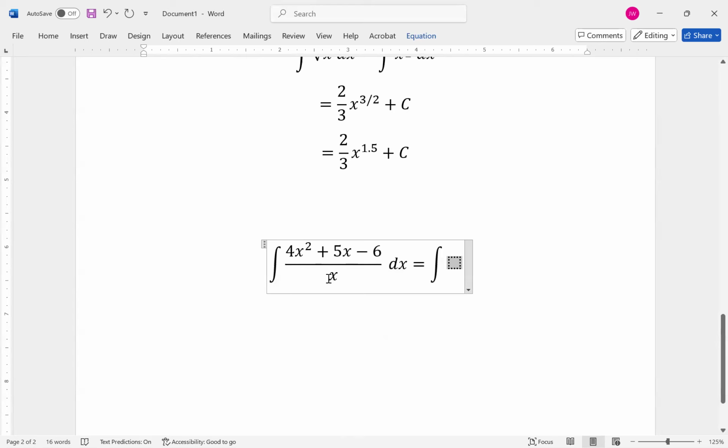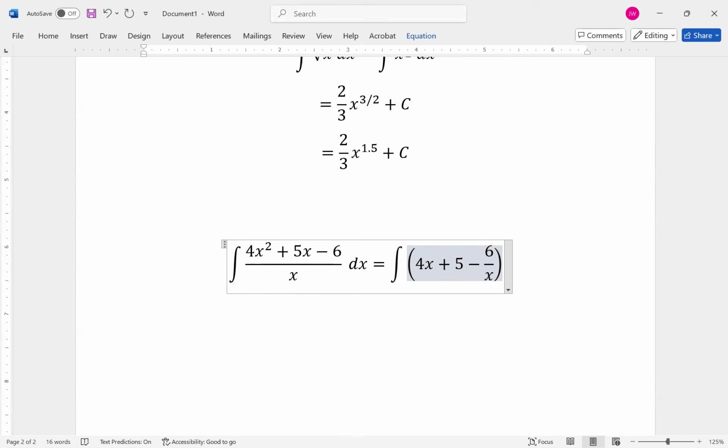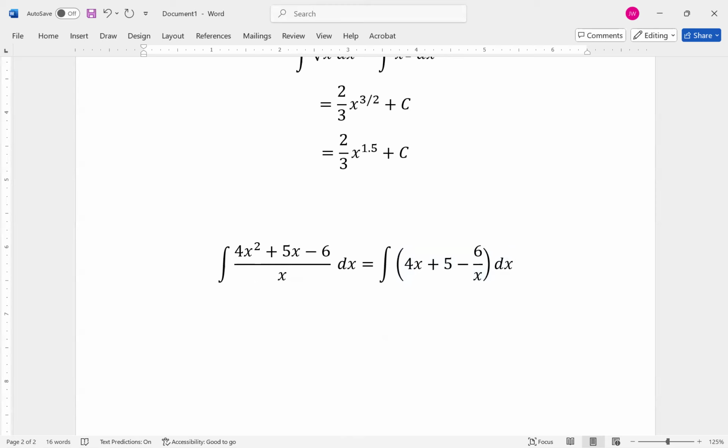So 4x squared over x is just 4x. 5x over x is plus 5. And then minus 6 over x. Well, that one I can't really divide, so I just take minus 6 over x. But notice that when I divided, I made my life a little bit easier because now I have 3 different terms. Each one individually, I know how to deal with.